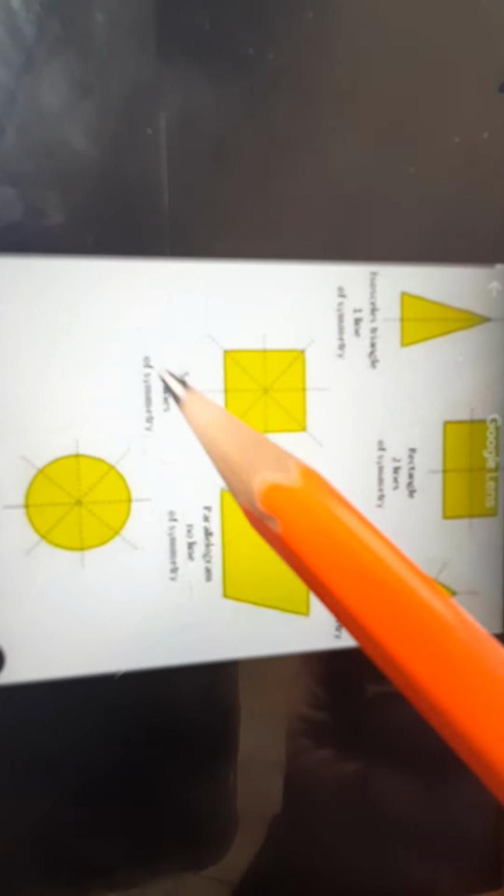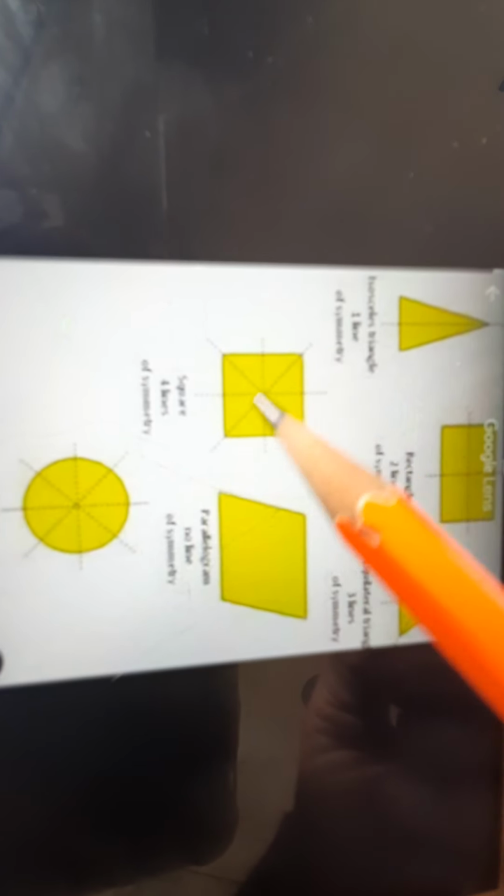This is an example of an equilateral triangle. 1 line of symmetry, 2 and 3, because all sides and all angles are equal, so we can draw the line of symmetry from any vertex. Here in case of a square we have 1, 2, 3, 4 lines of symmetry, whereas in case of a rectangle we have only 2.